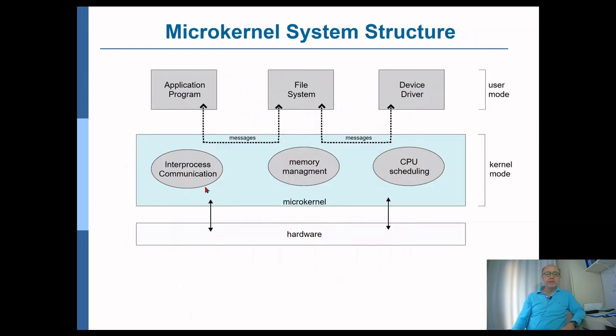The microkernel provides interprocess communication, memory management, and CPU scheduling services. Above it, all of the other system services are provided as separate modules which need to communicate over the microkernel.